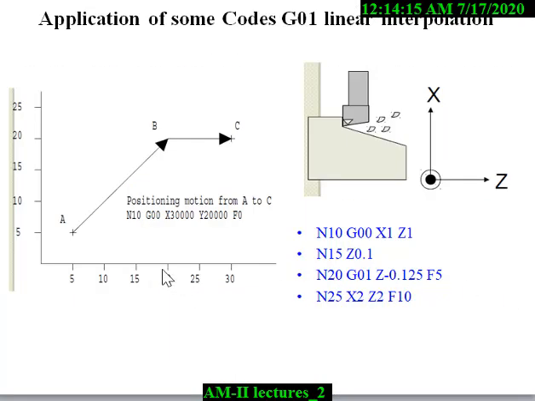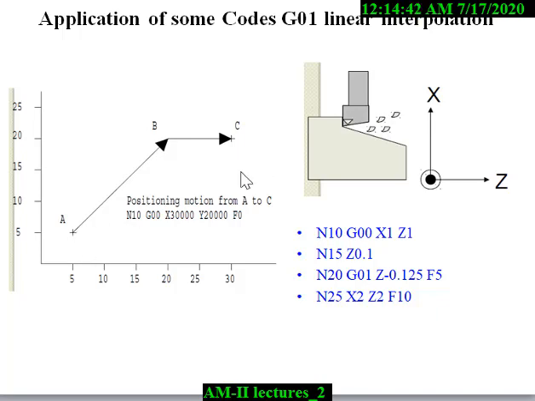So what it means is that this is the XY plane where you are moving the drill bit from position A to C. So you have given the instruction to move the tool or table from A to C. Let us assume that the servo motors for the X and Y coordinates have the same maximum speed.